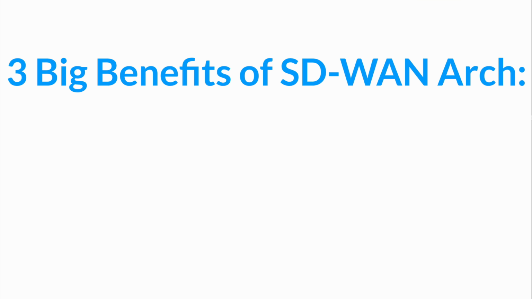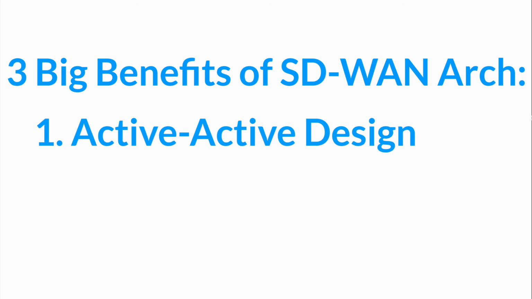Now, there are three big benefits of having an SD-WAN architecture. Number one, active design. You get to utilize all of the circuits that you have in your environment. Most customers have two active circuits for redundancy, but some really large customers end up having maybe a tertiary circuit, or maybe 4 circuits, or even more.